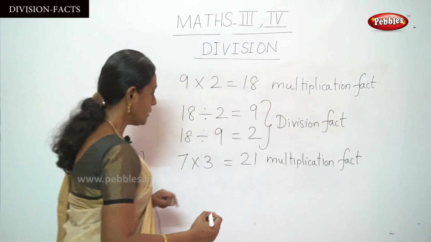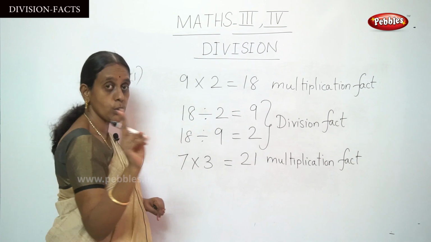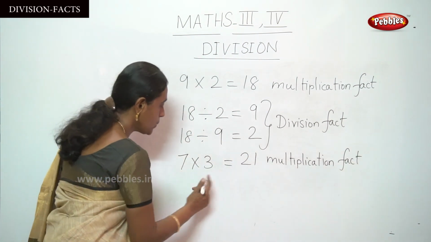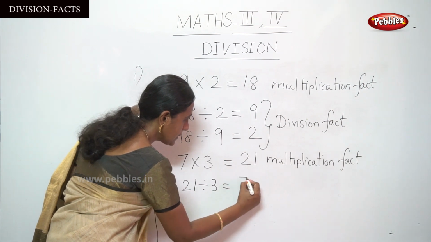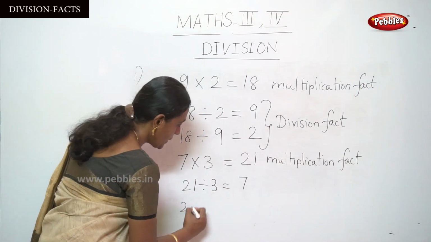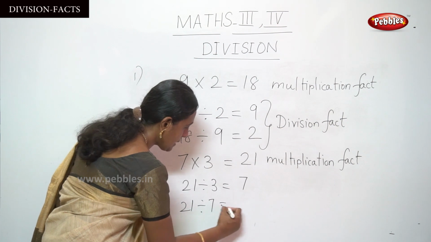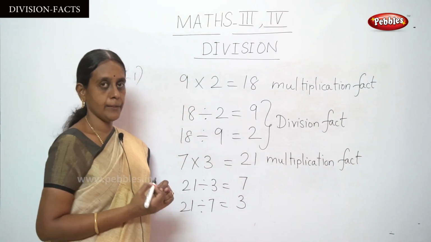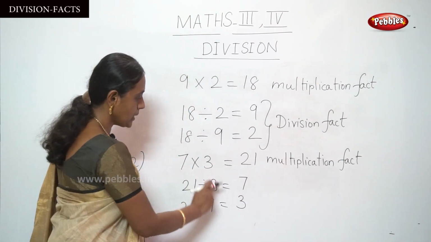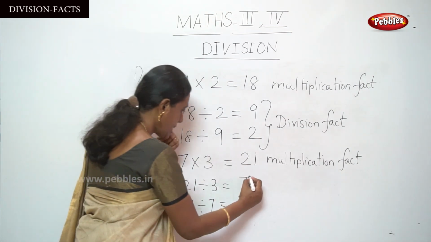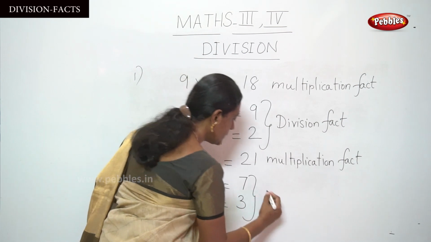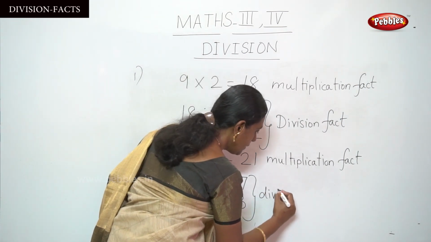Okay, and you are going to write two division facts, that is 21 divided by 3 equal to 7, and 21 divided by 7 equal to 3. Okay, so these are the division facts. From this multiplication fact, you should write the division fact.